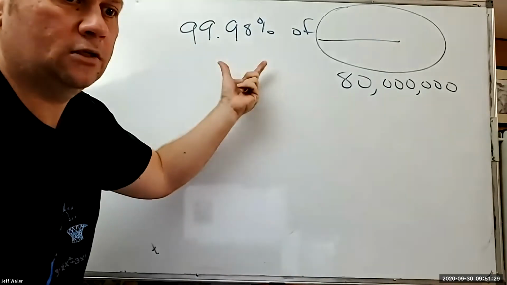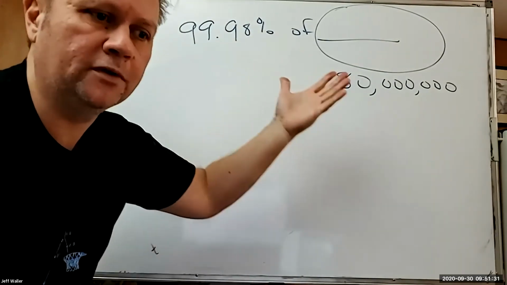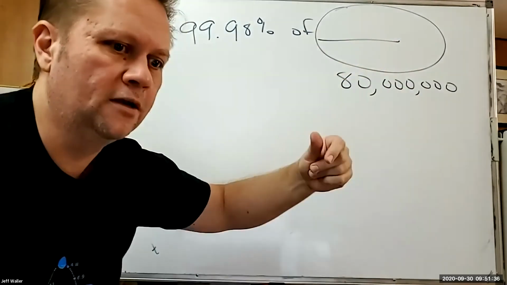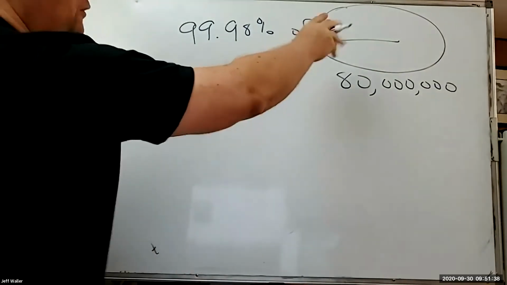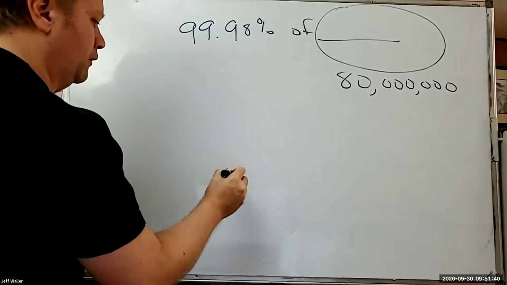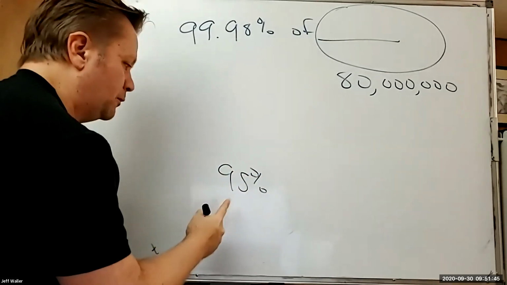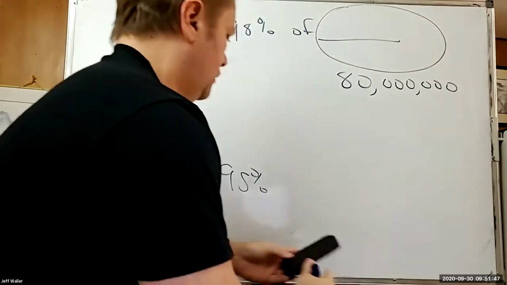To the average person, they go, well, that's almost 100% survival rate. Who gives a shit? Open everything, right? And this is for very young people, by the way. For older people above 70, it's like a 95% survival rate. So 5% of them are going to die if you just open everything up.